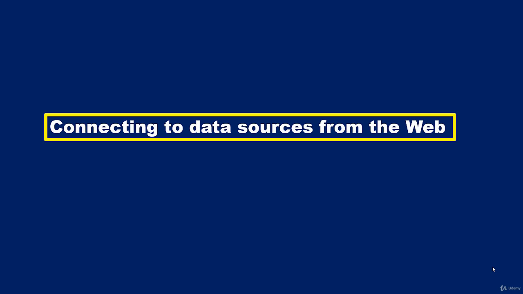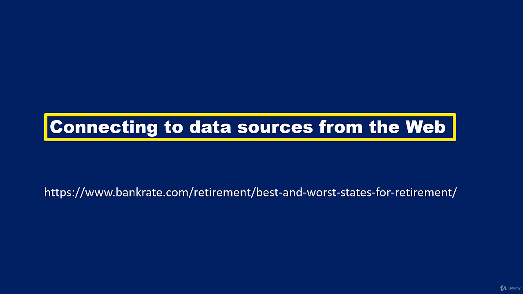There's a website we can go to. It's called Best Places to Retire, and it basically ranks each of the states according to the places to retire. So the link displayed on the screen is the website we're going to go to. This is where we are going to connect and interact with some data.